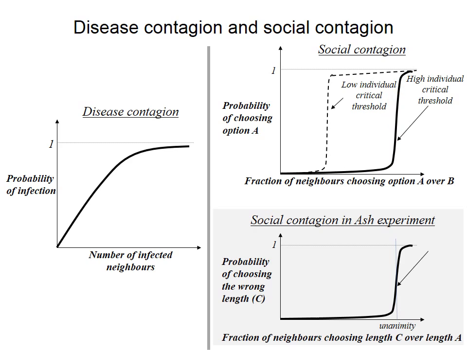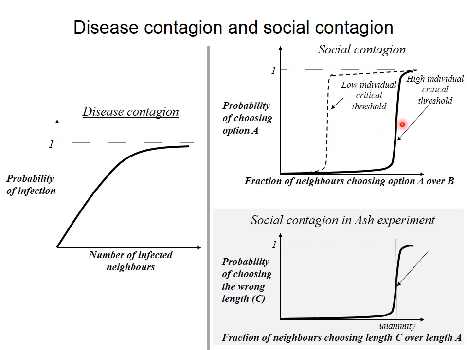In this case, this curve never rises, and the probability of choosing option A remains always close to 0. Other individuals are more shy. They really dislike feeling isolated from the majority, and even if a relatively low fraction of neighbors chooses what they think is the wrong option, they follow the crowd.